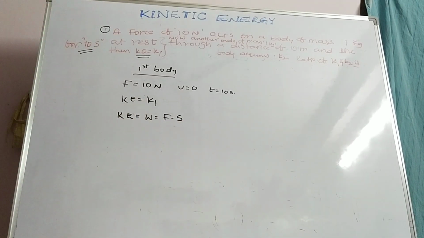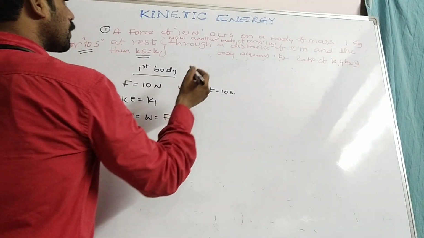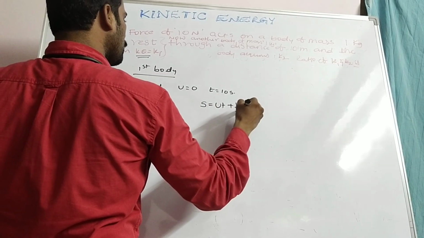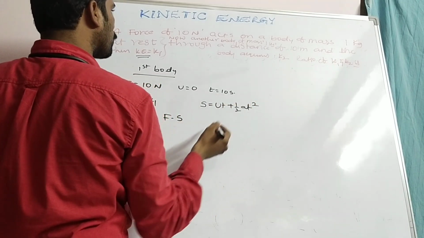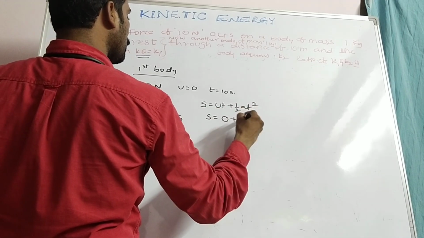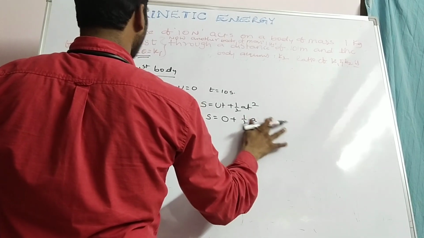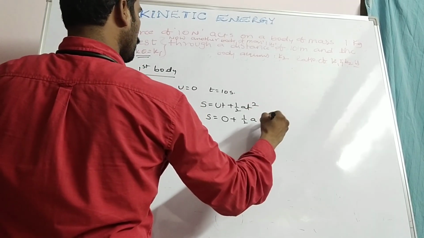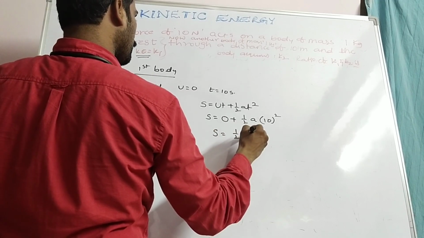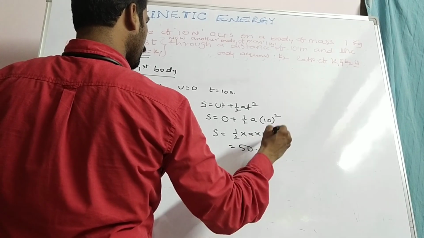As the body starts from rest, S is equal to ut plus half at square. So S is equal to 0 plus half into a t square, and time is 10 seconds, 10 square. So displacement S is equal to half into a into 100, that is equal to 50a.